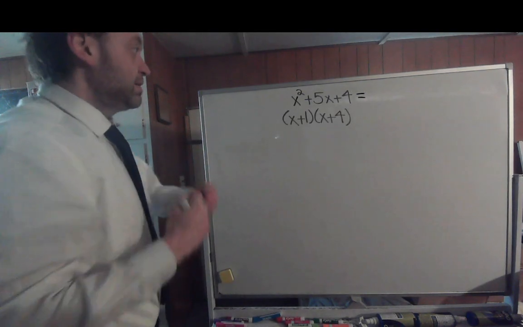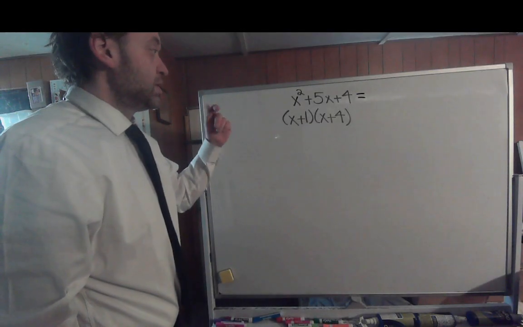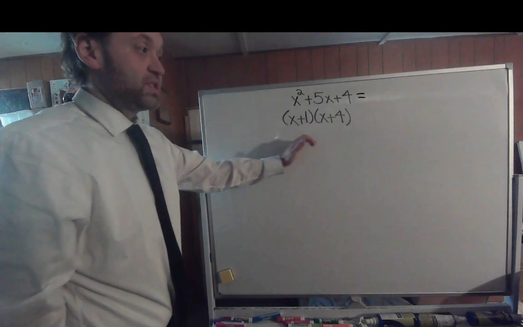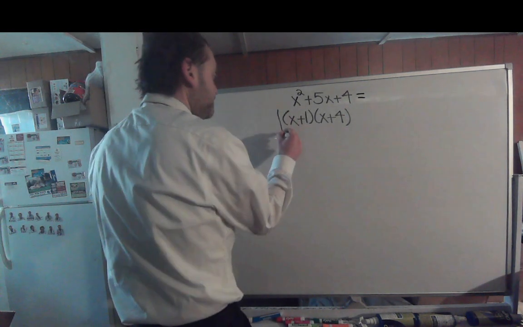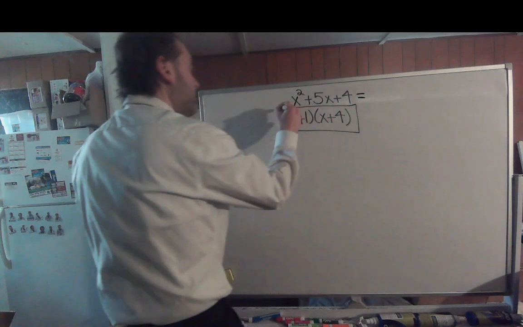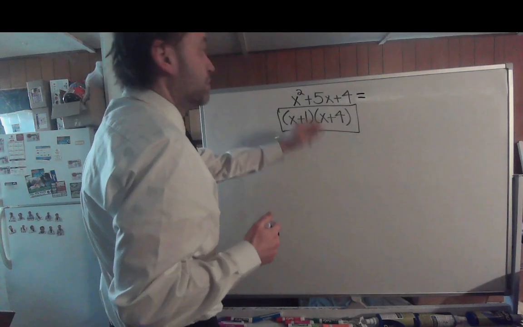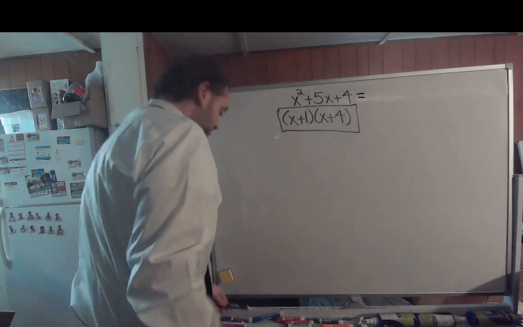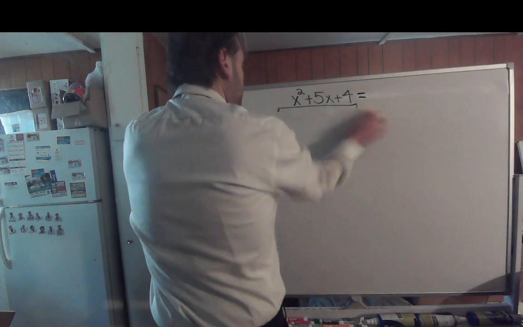It reduces down into two binomials, which are to the first degree. And then if you FOIL this out, you'll get x squared plus 5x plus 4. So those are relatively easy.